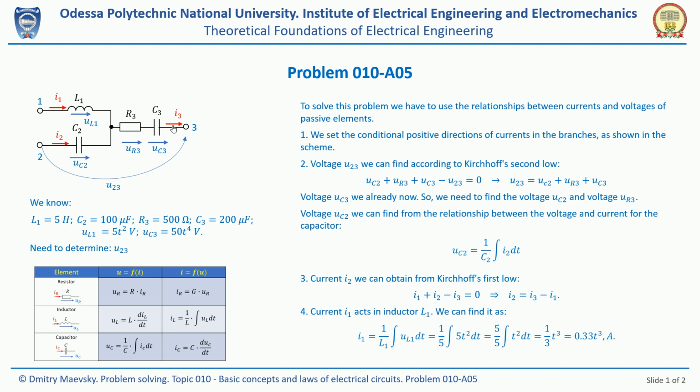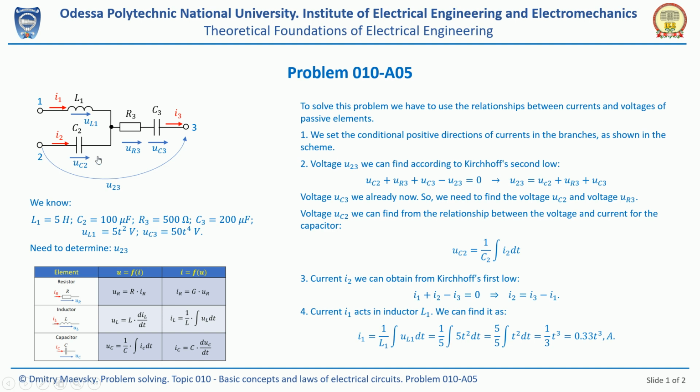Note that if we already have directions of each current, we already know the directions of all voltages in this scheme, because the current and voltage on passive elements are the same. So our voltage U23 we can find according to Kirchhoff's second law.